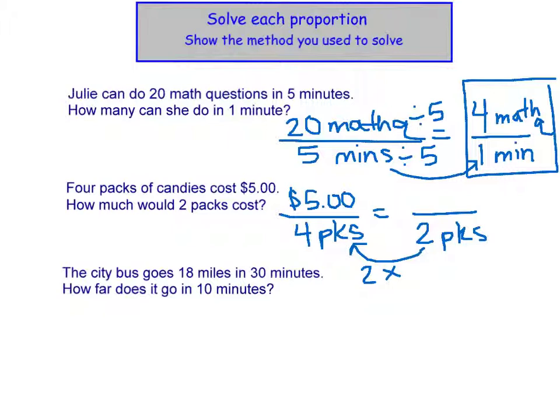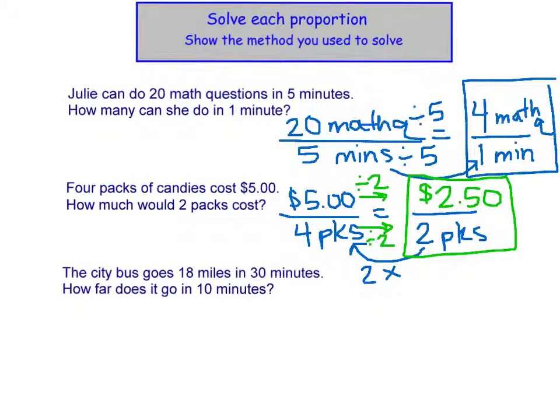Oh, so you could think, what times 2 gets you to 5? Or you can still be going that division route of saying, okay, we know 4 divided by 2 gets us to 2, so then we have to do 5 divided by 2. And again, half of 5 is $2.50. So we know it's going to cost us $2.50 for 2 packs of candy.